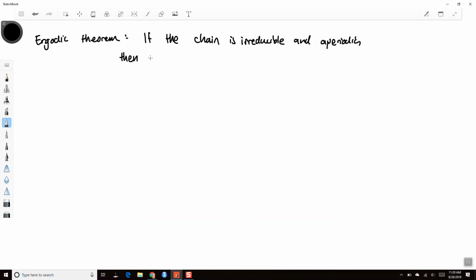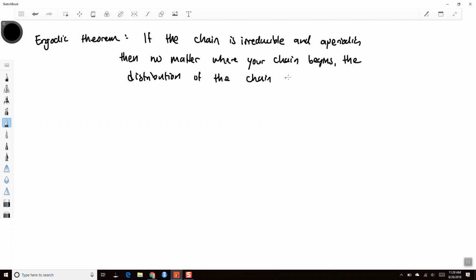Okay, and so again, the ergodic theorem says that if the chain is irreducible and aperiodic, then no matter where your chain begins, the distribution of the chain will eventually converge to the stationary distribution.